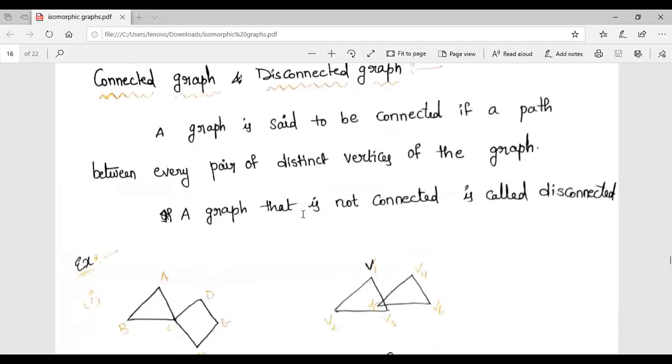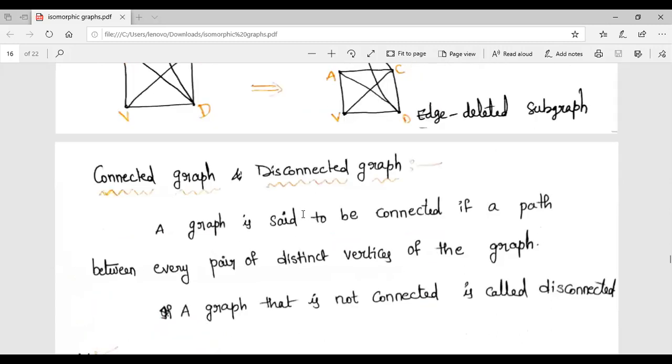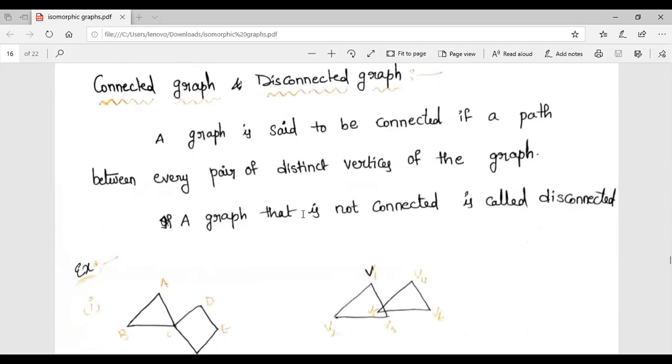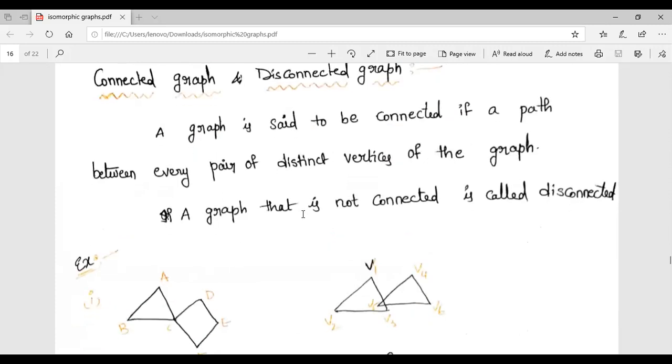Next, connected graph and disconnected graph. A graph is said to be connected if there is a path between every pair of distinct vertices of the graph.